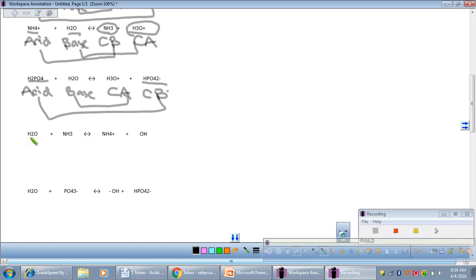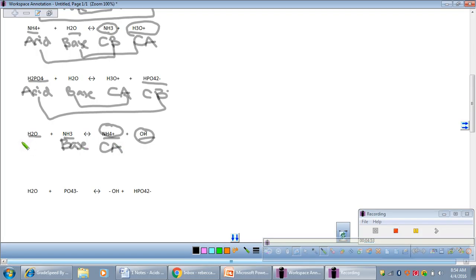Okay, well, water can act as a base, as we've seen in the last few reactions, or it can act as the acid. So here we have H2O plus NH3. Well, let's take a look. In the resulting product, we have OH- and NH4+. So ammonia becomes ammonium. It gains a hydrogen, so that must mean it's the base, it's the acceptor.